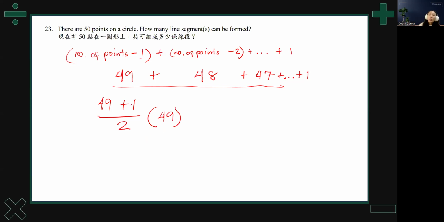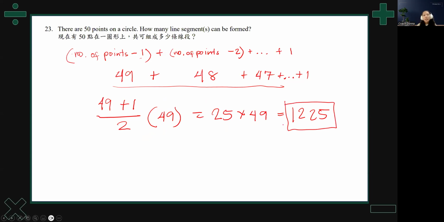That is equal to 50 divided by 2, so that will end up with 25, and then we're left with 49 here. 25 times 49 is 1,225. So the answer is 1,225. Okay? Question?